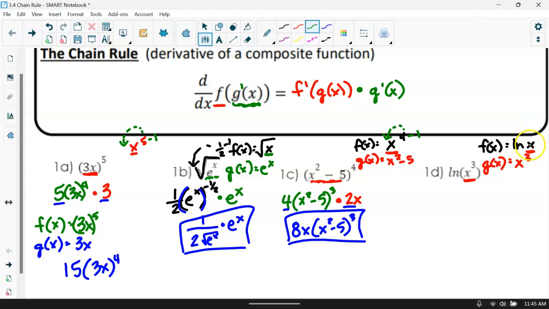What is the derivative of natural log of x? 1 over, but not just x now, because our x is x to the third. Then times the derivative of g of x. So again, power 3, subtract 1. So our derivative here of x to the third is 3x squared. That is our derivative.